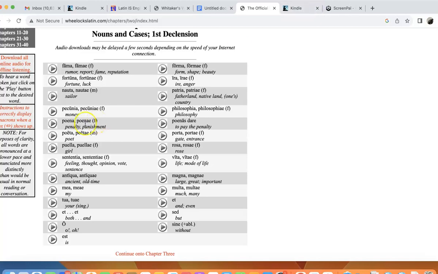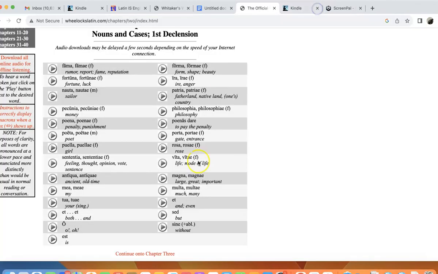But here, farmer, agricola, agricolae, so again, he's going a little bit slower, just to give you a sense of that. But this might be a good way right here. So let's do one of the words we had here. You'll see this is a little bit longer. Poeta, poetae. Let's see another one. Here's one we had.